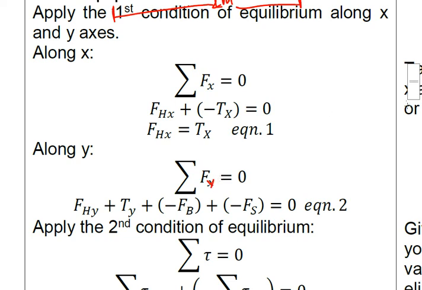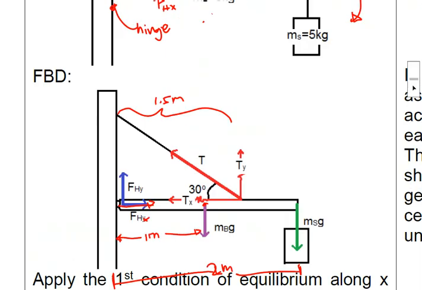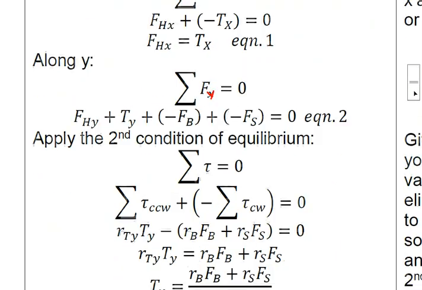There are a lot of errors, and there are subscripts. Along y, we have the upward forces, the FHy and the Ty. The Ty is going upward. What goes downward is the weight of the beam, and of course the weight due to the signboard.